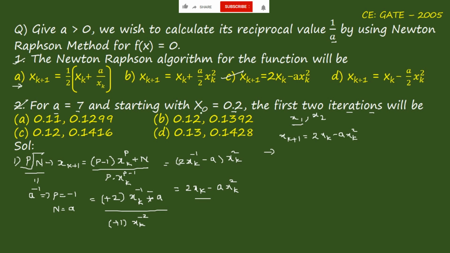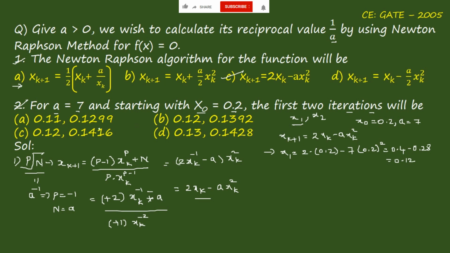So given the initial value x naught is equal to 0.2 and a is equal to 7. Here k value would become 0. So we have to find the value of x1 first. Then x1 is equal to 2 into x of k, which is 0.2, minus 7 into 0.2 square. It becomes 0.4 minus 0.28, which is equal to 0.12.